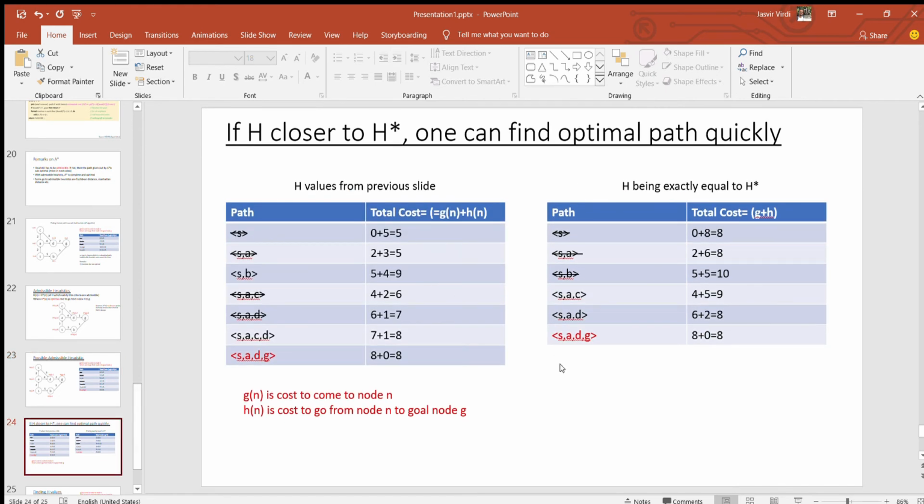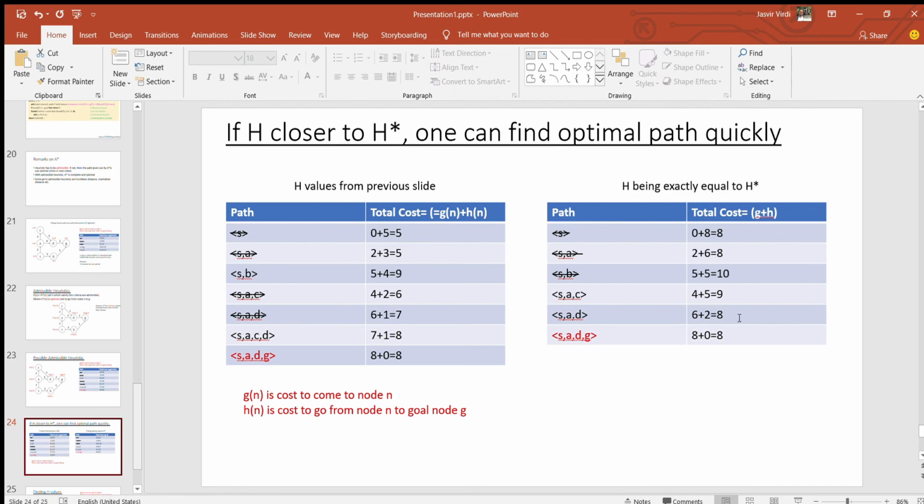Now, another thing that I do want to point out is that if your heuristic function is closer to H star values, then getting to the optimal path would be quicker. That is, in fewer steps, you'll be able to find the optimal path. So the left case is considering the H values that we had from slide 23, the previous slide.